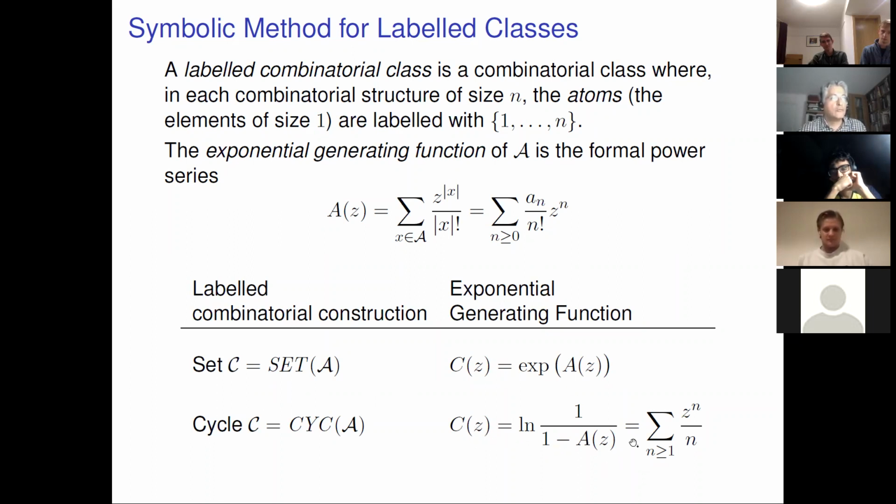For example, for the cycle, you know how many circular permutations you have with k numbers is k minus 1 factorial, no? So in that case, a sub n would be n minus 1 factorial, and when you divide by n factorial, you get this, no? And this series has a closed formula.